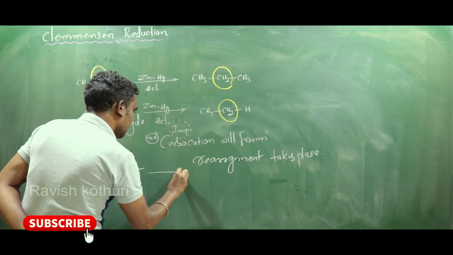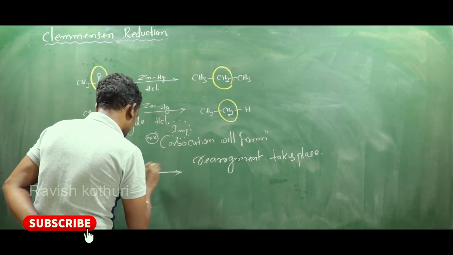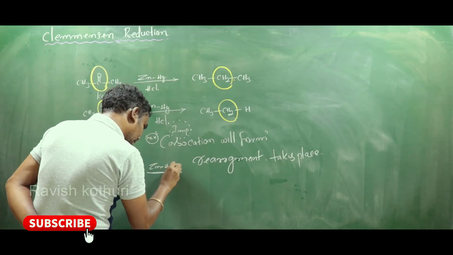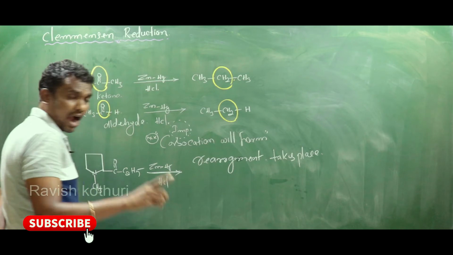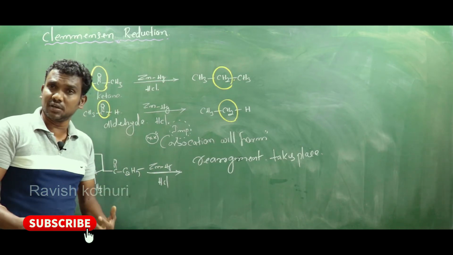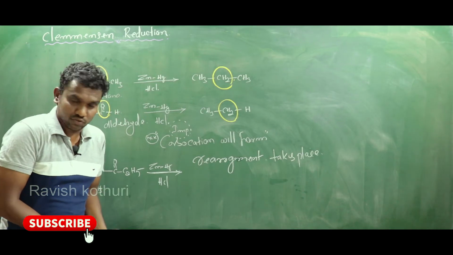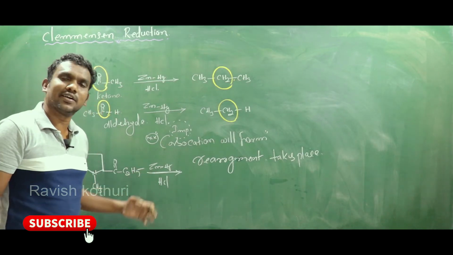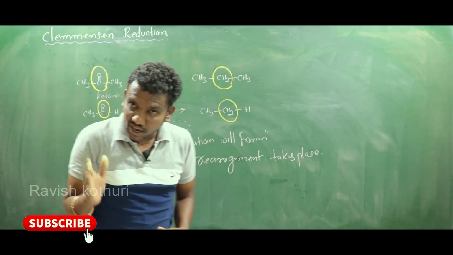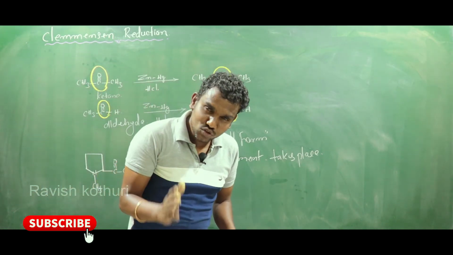If I add zinc amalgam and HCl. And moreover, a very important point: the zinc and HCl should not be added at the same time, my dears. Why? Because Zn and HCl will react with each other, and the Clemmensen reduction could not happen, right?